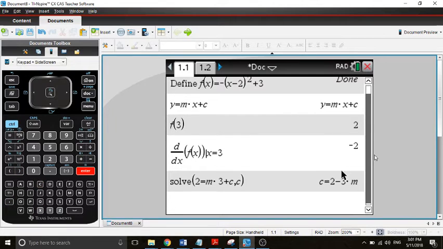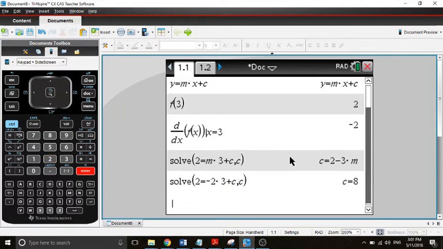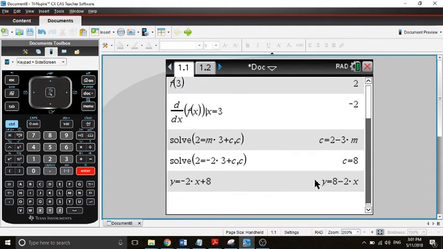Now it's telling me that's no good. Oh no, let's get our gradient m. M we know here is negative 2, so we've got to put that in there as well. Then we have c is 8. So in y equals mx plus c, we'll have y equals negative 2x plus 8, and that's what we'll graph.